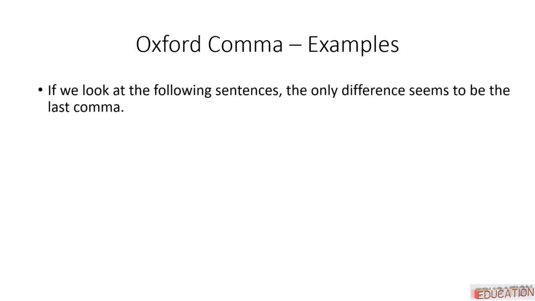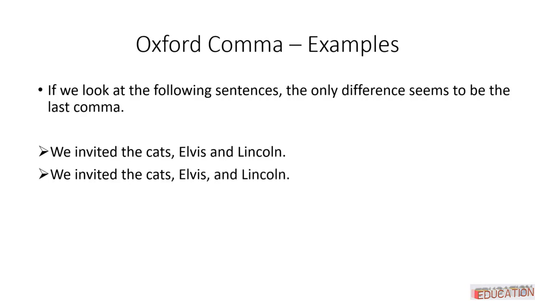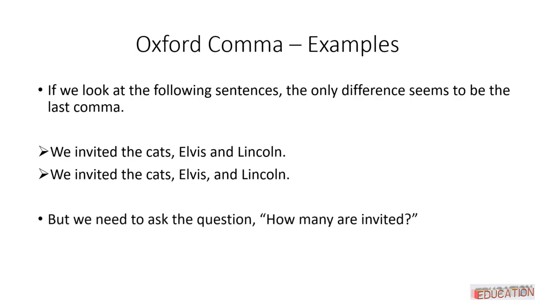If we look at the following sentences, the only difference seems to be the last comma. We invited the cats, Elvis and Lincoln. Or we invited the cats, Elvis, and Lincoln. But we need to ask the question, how many are invited?